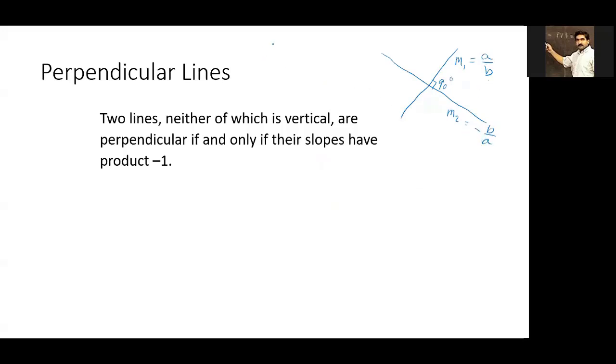The product of their slopes would always be equal to -1. So if two lines are perpendicular and you multiply their slopes, you always get -1.